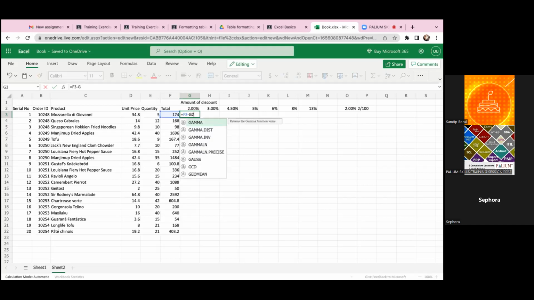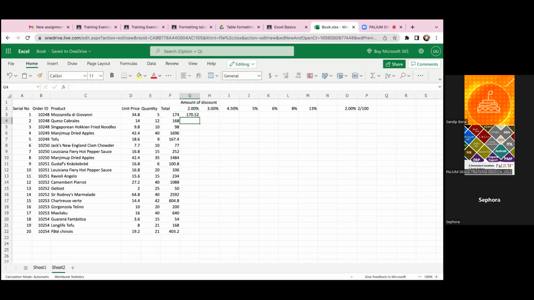Correct. Multiply into 174, 10% of 100. F3 again. Correct. Press enter. This will give me the value of only the 2%, F3 cell. Correct.